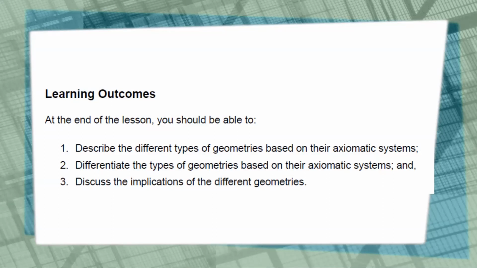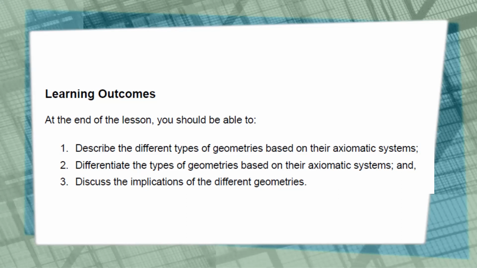It's very important to know these learning outcomes because these will be used later as a benchmark or as a basis whether you have learned the objective of the module or the topics. So at the end of this lesson, you need to ask yourself, no, if you are able to achieve these learning outcomes.